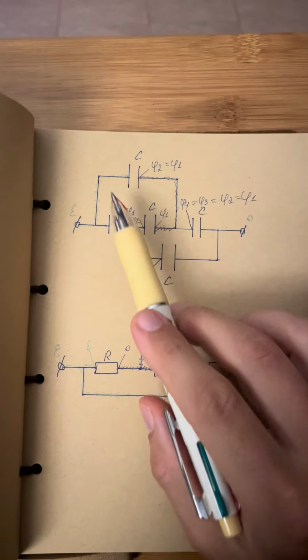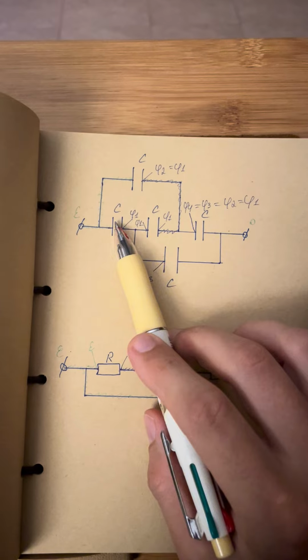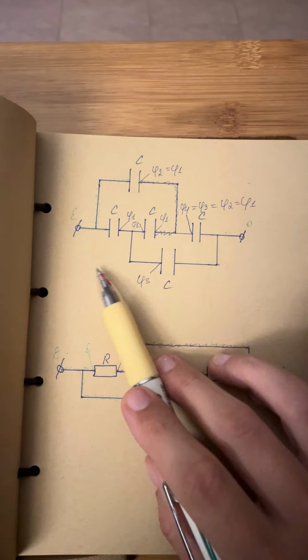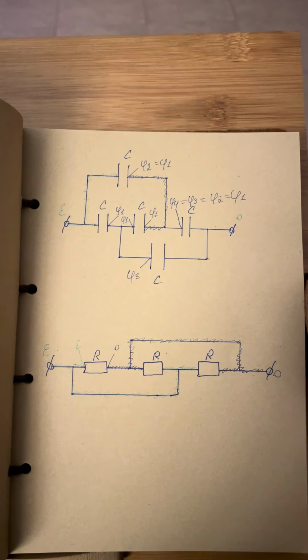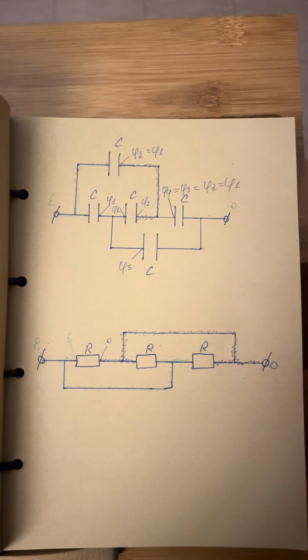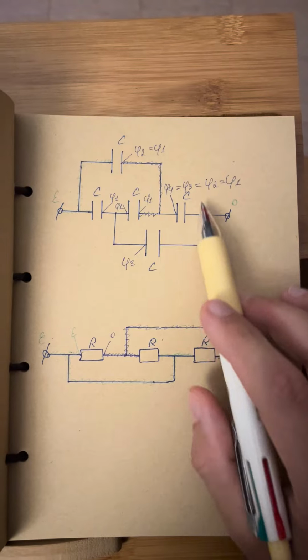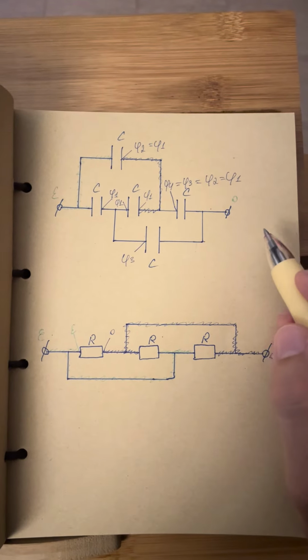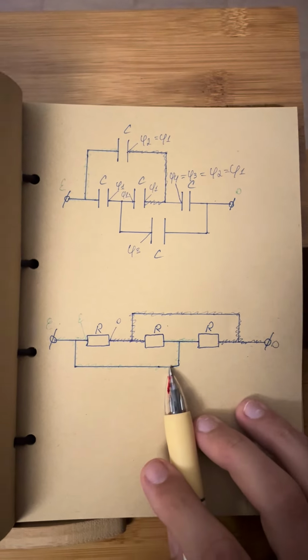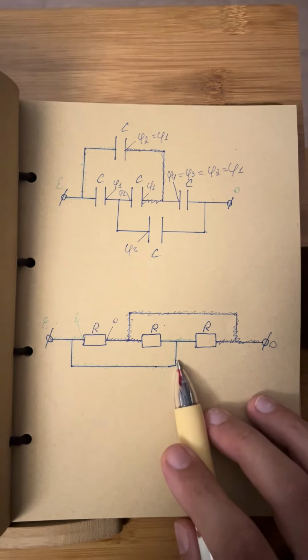So in parallel, C and C is double C, and double C in series gives just C. So the equivalent capacitance of this circuit is just C. The equivalent resistance of this circuit is R over 3.